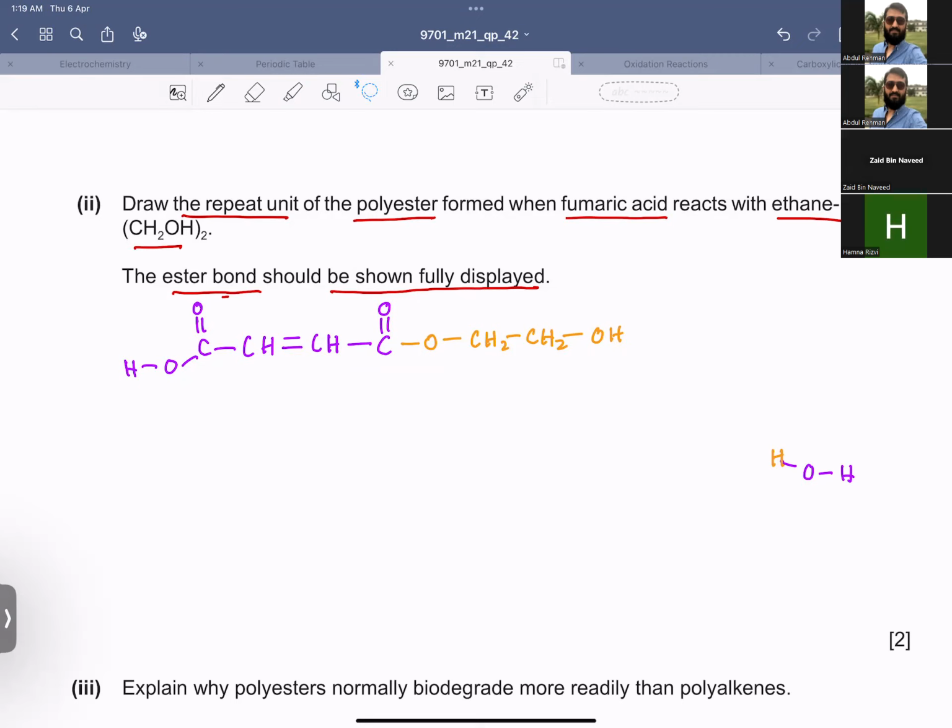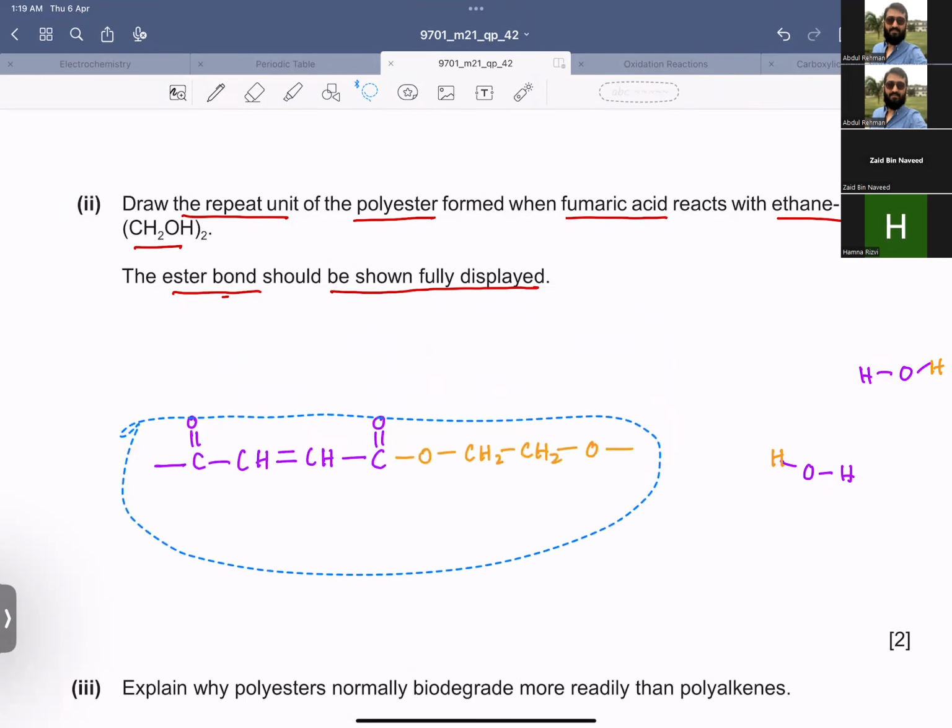In the same way, because we have to draw the repeat unit, we will remove this H from here and this OH from here. Another water molecule is released and we show the empty bonds on both sides, and that is your repeat unit when ethane 1,2 diol reacts with fumaric acid.